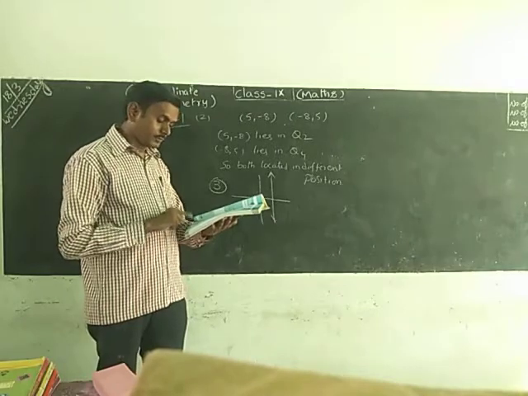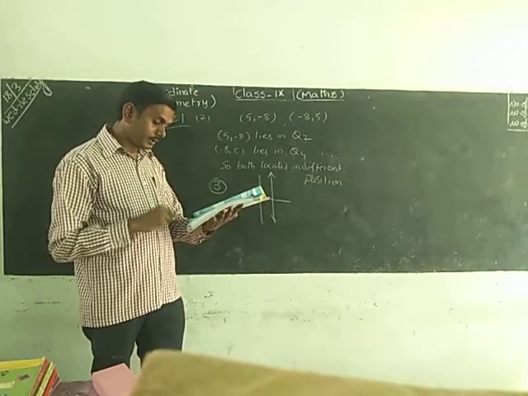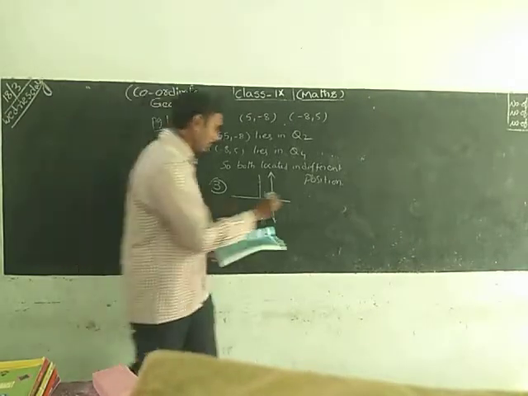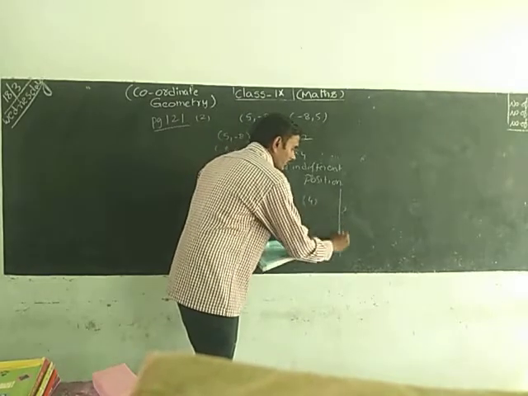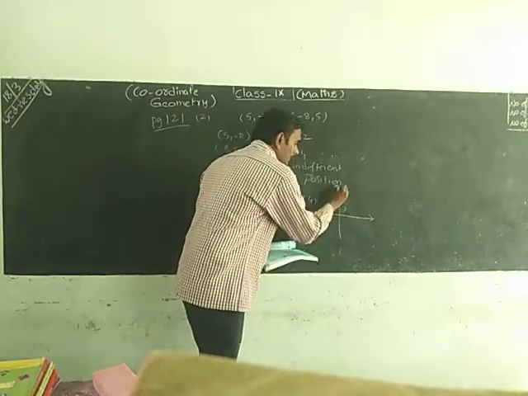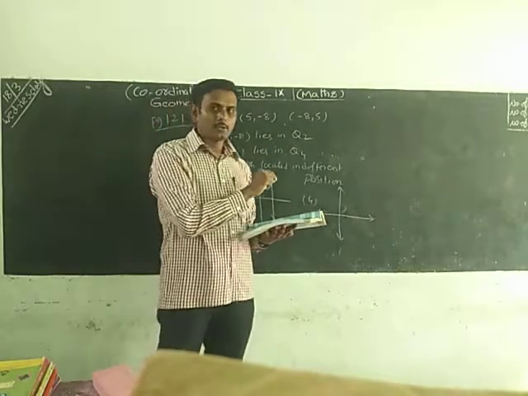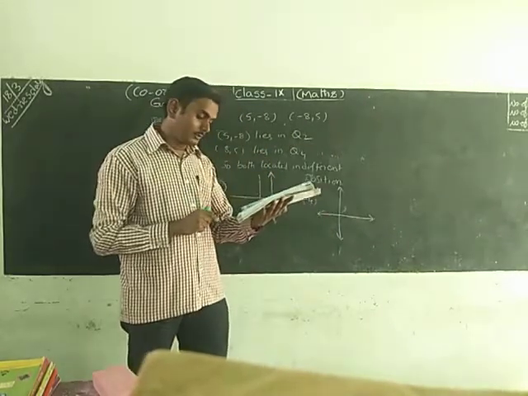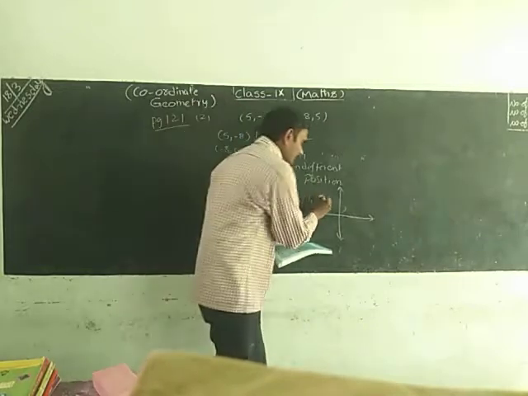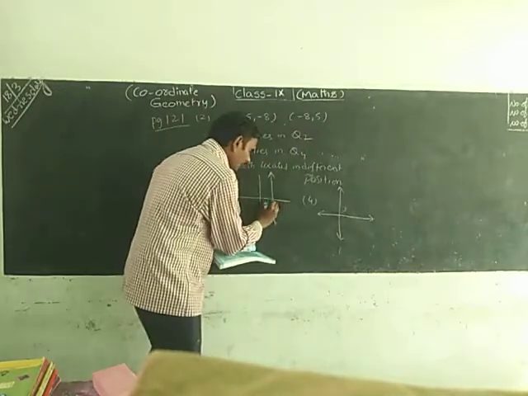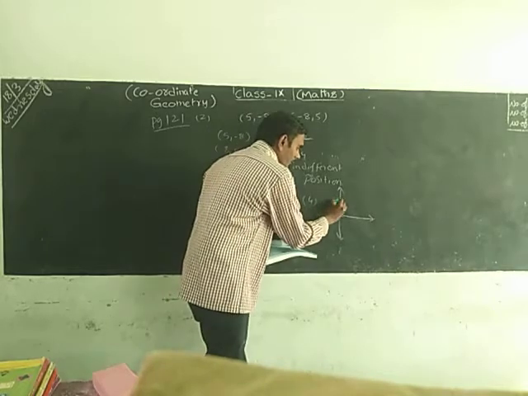Next, if you draw the graph for the fourth one, first draw the axes, mark the points and join all the points. Then we will get a graph like this. It is cut at 4.